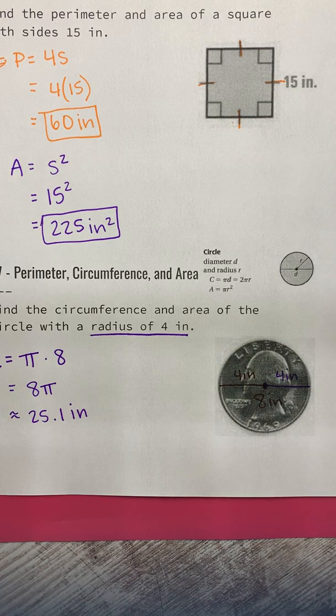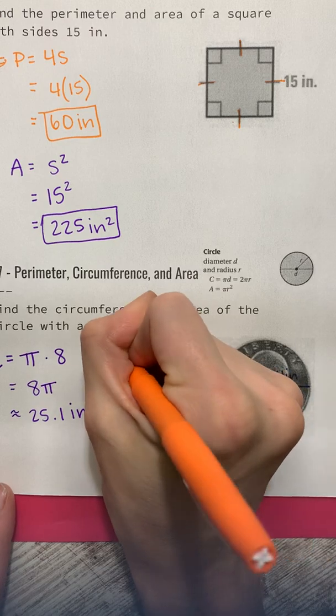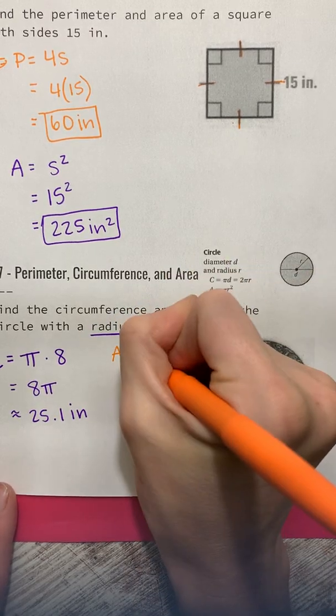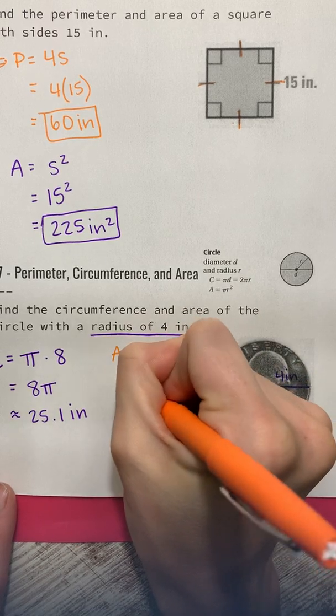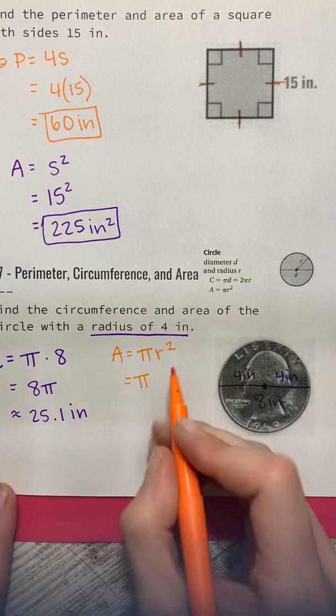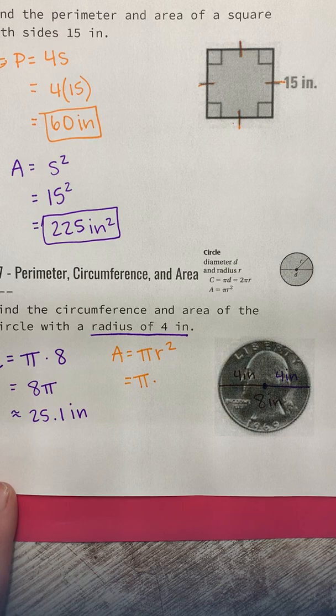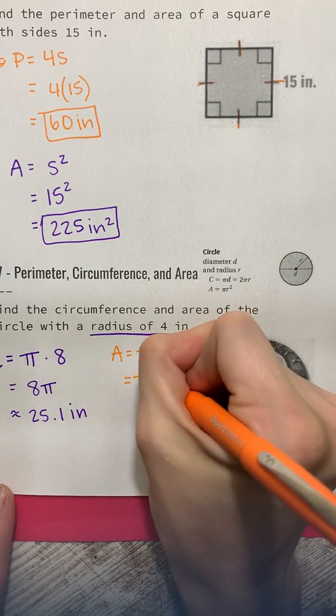Okay. Next we have area. Okay. Area is equal to pi r squared. So that's pi times, remember only the radius is being squared. Our radius is 4.